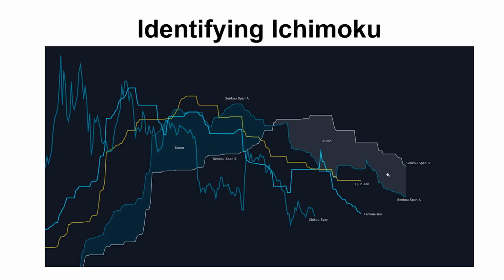All of these moving averages, the Tenkan-sen, Kijun-sen, Senkou span A, and Senkou span B, are all types of support and resistance. The strength of support and resistance depends on price in relation to these moving averages. One thing to remember is that the thicker the Kumo, the stronger the support or resistance. The thinner the Kumo, the weaker the support or resistance.